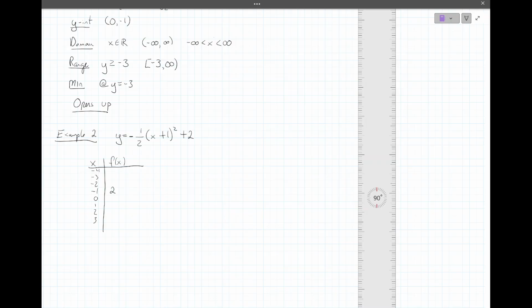This vertex is a maximum, right? That's a maximum there. Okay, 0 plus 1 is 1. 1 squared is 1. -1/2 plus 2 is 3/2 or 1.5. Okay, 1, that's 2, that's 4. 4 divided by 2, -2 is -2, plus 2 is 0.